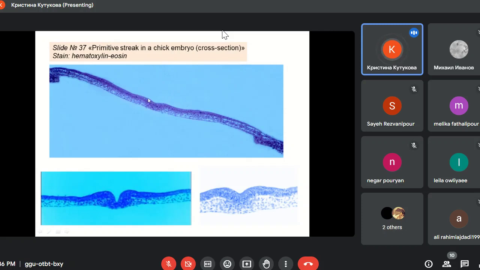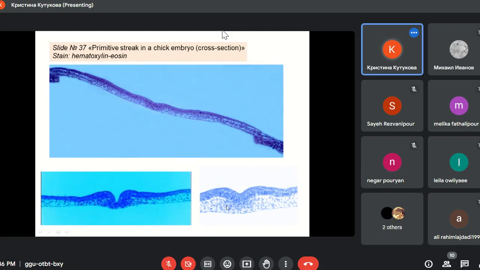This is the cross-section of the primitive streak through which cells are migrating in this direction between epiblast and hypoblast. The same is here, the primitive streak through which cells migrate between epiblast and hypoblast. Epiblast is here, hypoblast is here.